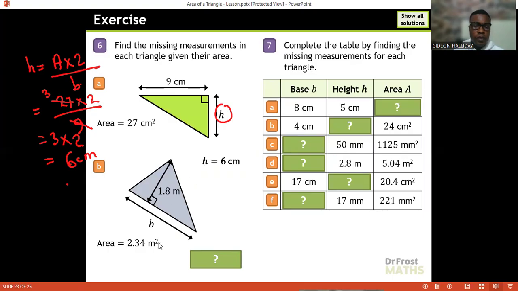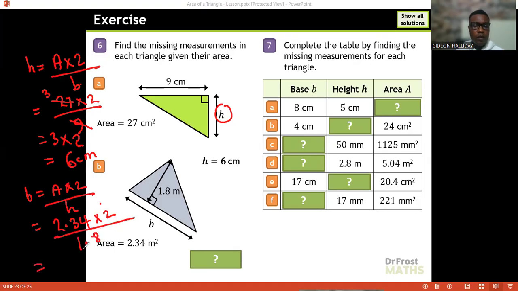Now the second one is just like that too. So you're doing the area. So the base will be area times 2 divided by height. So area is 2.34 times 2 divided by 1.8.